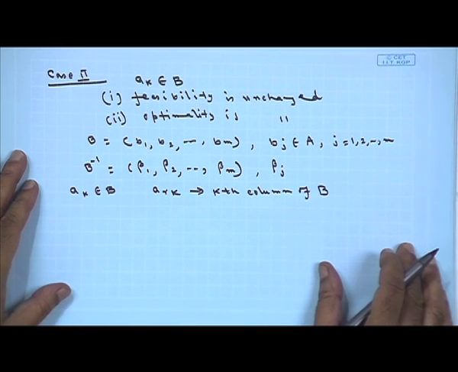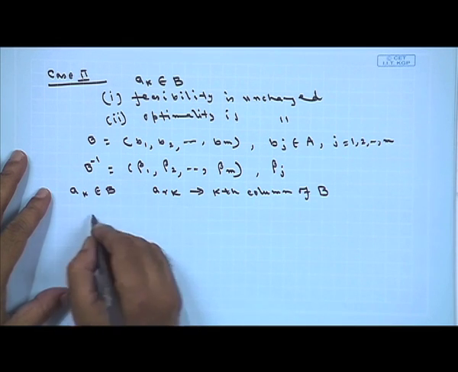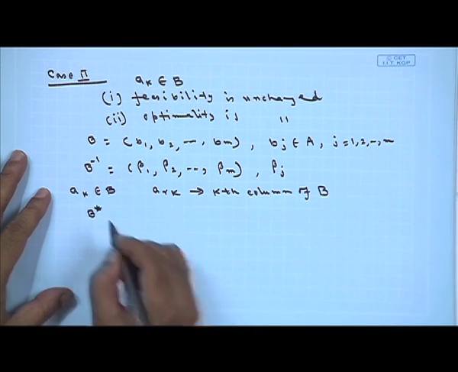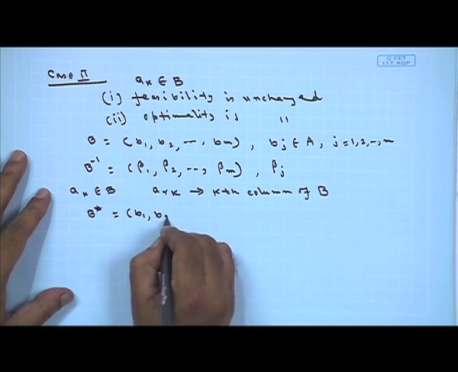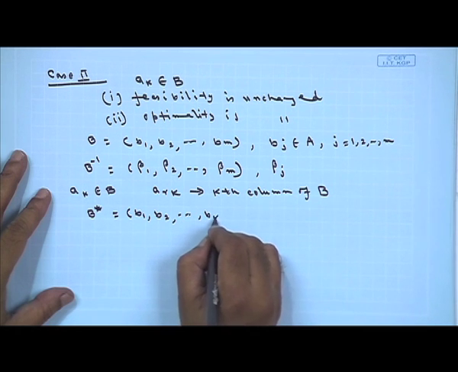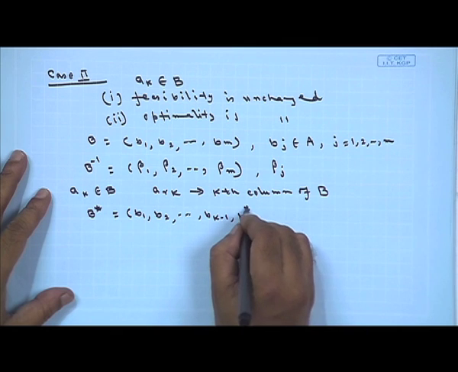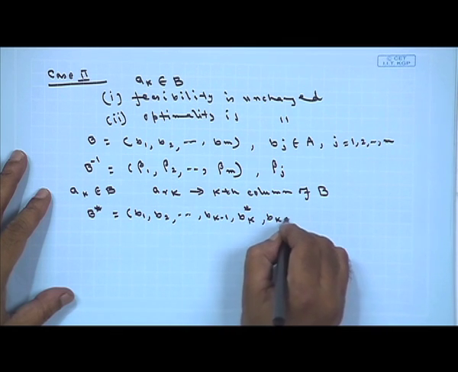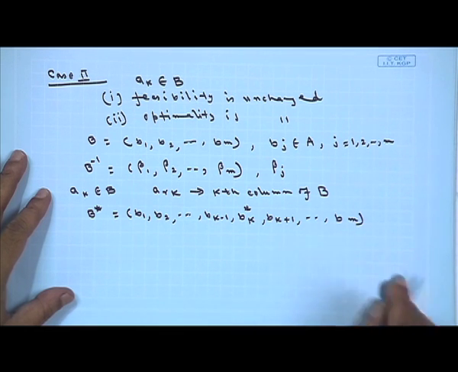So, there will be a change from B to B star, and B star I can write as B1, B2, like this way B k minus 1, B k star, B k plus 1, and like this way B m.